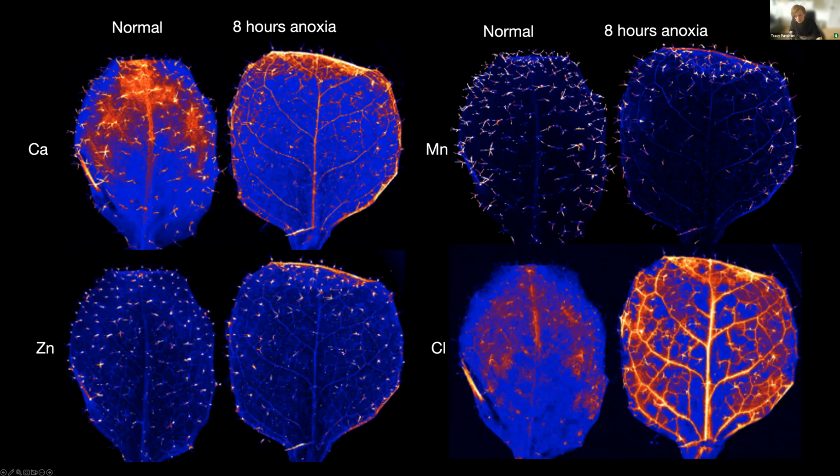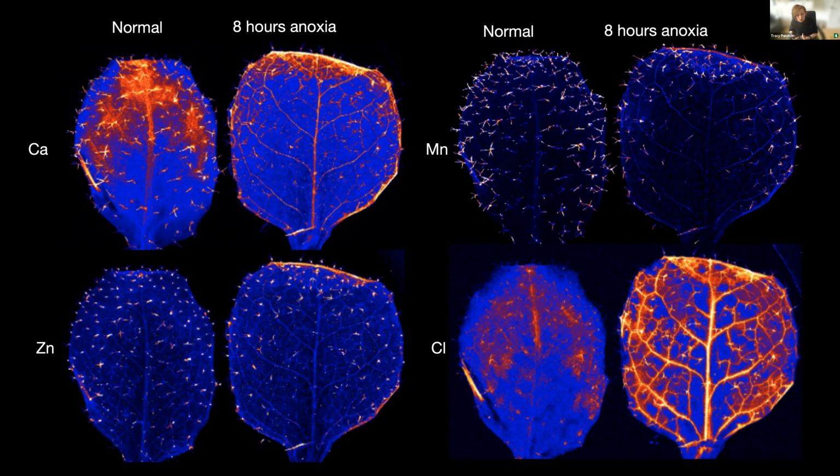We do see changes in manganese, and we do see changes in zinc. They're not showing up very well in this map, but in zinc we see that it's localized around the stomatal pores, the guard cells around the stomatal pores, which makes sense because when that plant is exposed to a lack of oxygen, it's going to open the stomatal pores to try and get more oxygen inside the leaf.